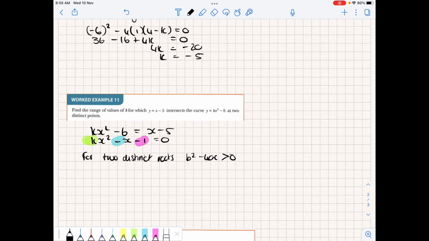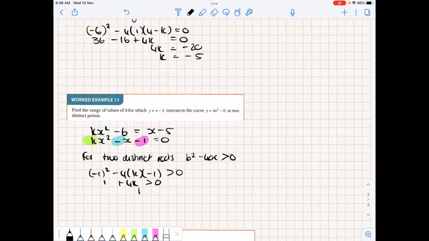So let's just substitute in. We're going to get b squared, which is just minus 1 squared minus 4 times k times minus 1 is c, greater than 0. So I'm going to get 1 plus 4k greater than 0.